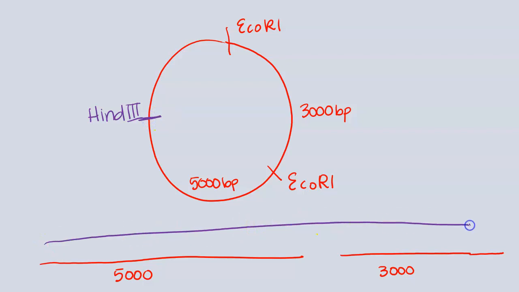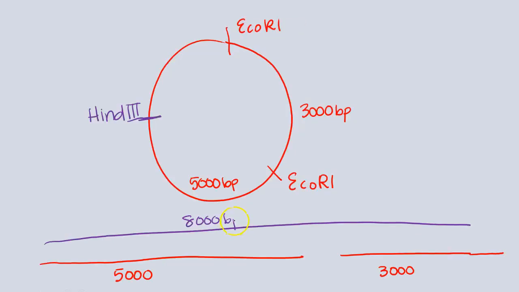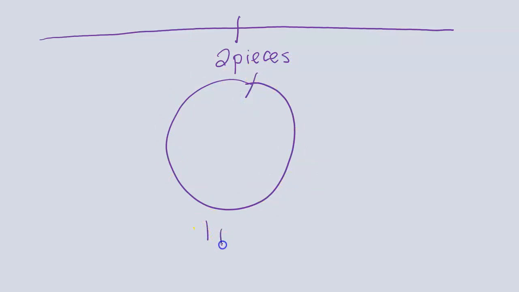So it's going to open up and give you a linear 8,000 base pair piece. So if you have a linear sequence and you cut it one time, it's going to give you 2 pieces. But if you have a circular piece of DNA and you cut it one time, it's going to give you 1 piece.